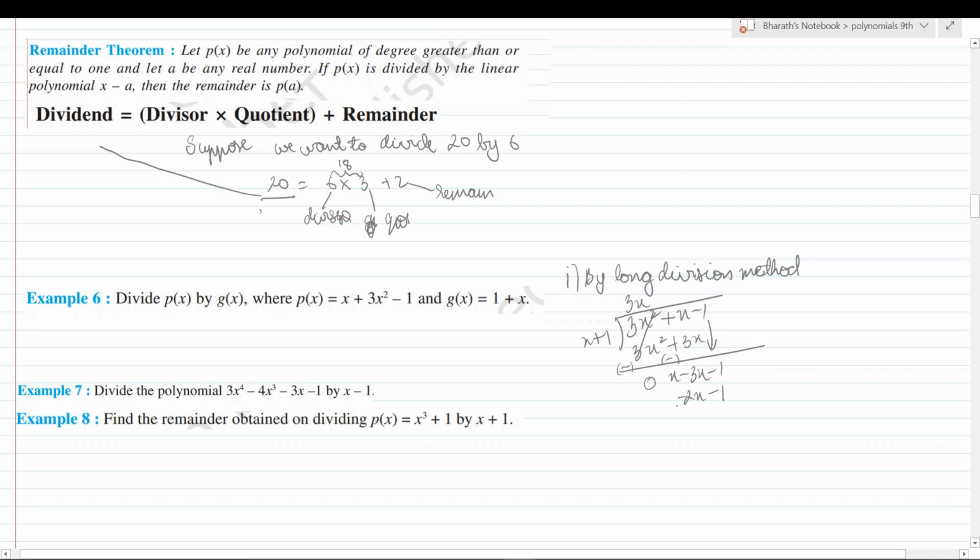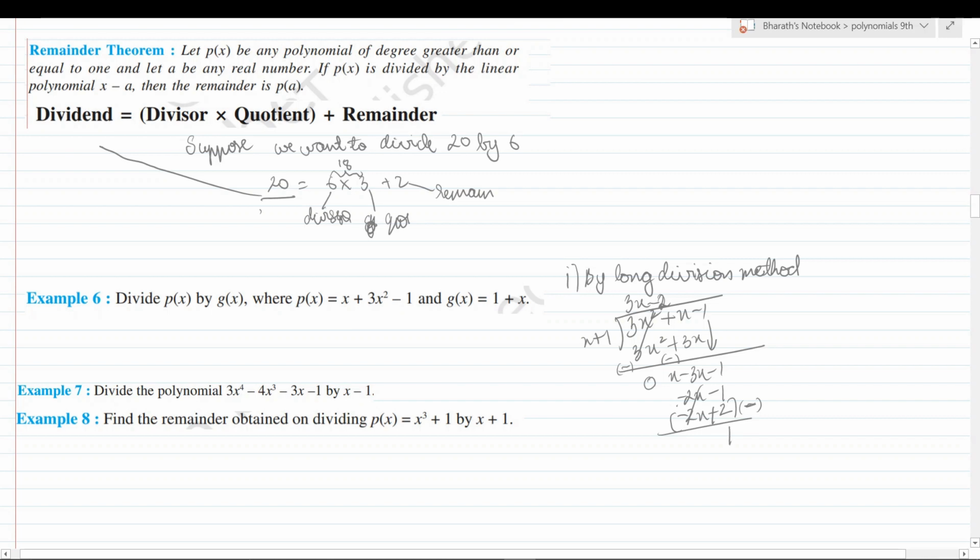So it should be same here, so we have to multiply it by minus 2. So you get the opposite sign as plus. When you multiply minus 2 into x, you get minus 2x, and minus 2 into plus 1 is minus 2. So you're multiplying every term by minus 2. So you cancel this, then this becomes plus. So you get the final remainder as 1.